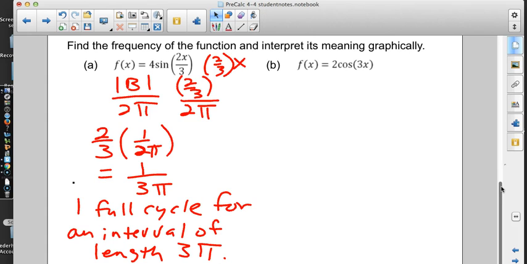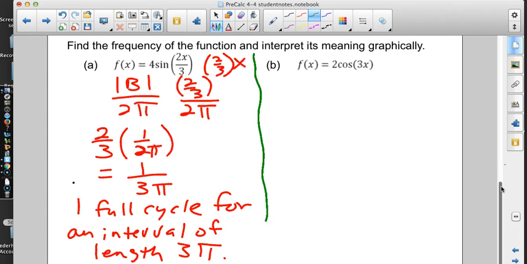All right, so let's look at this one. What's b in this one? 3. Okay, absolute value of 3 is 3.